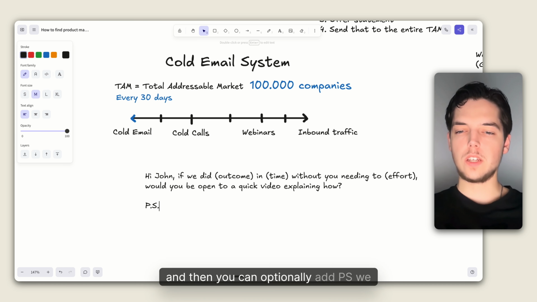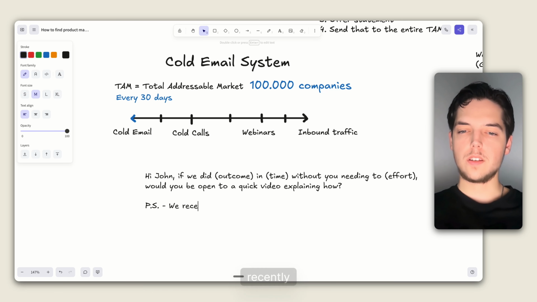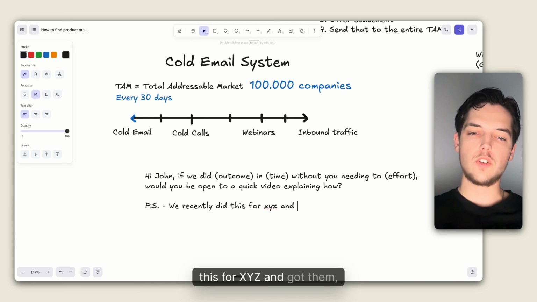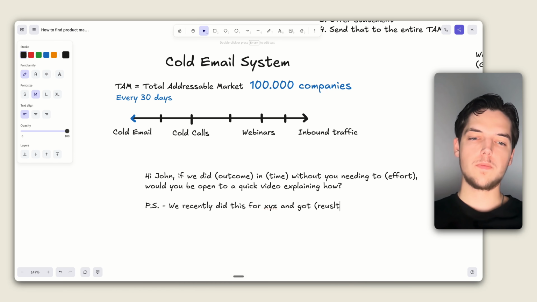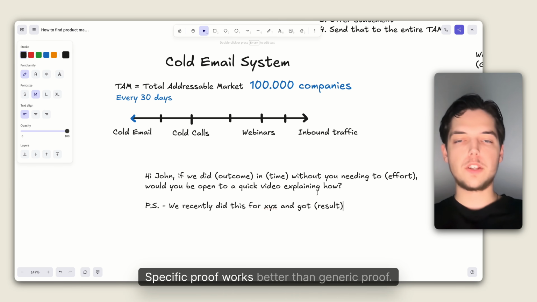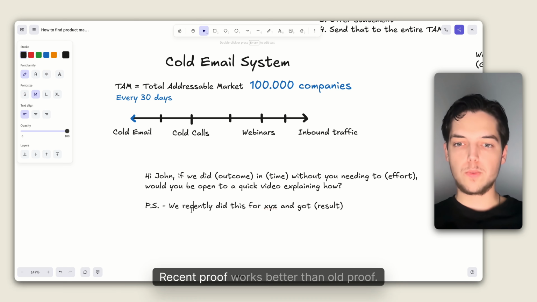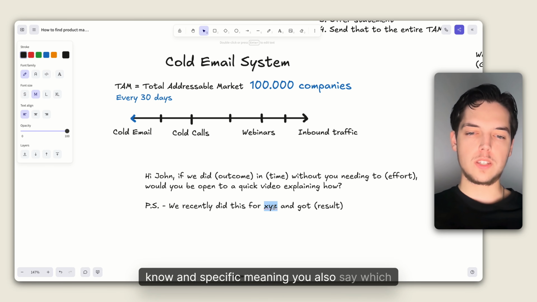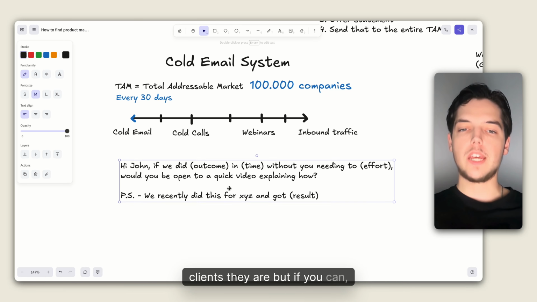And then you can optionally add a PS: we recently did this for XYZ, and you got a result. For the result, be specific. Specific proof works better than generic proof. Recent proof works better than old proof, and specific meaning you also say which clients they are. But if you can't, that's all good.